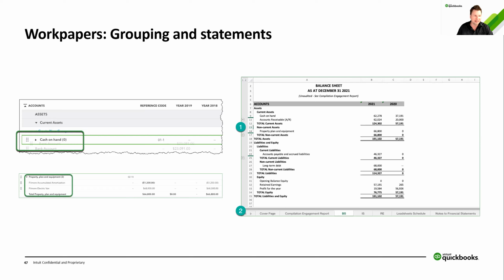When you click on that, it will drop down and show you the accounts that belong in that grouping. At the right-hand side, we're talking about our cash on hand. This is how it will appear on your financial statements. And when you export to Excel, you will notice the different worksheets that are available to you. It's a great function to have, and it presents the financial statements very easily and creates those for you.